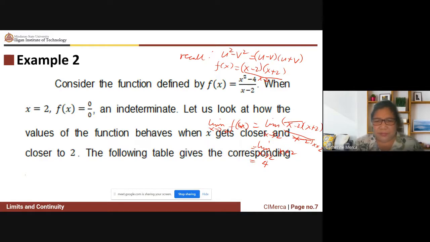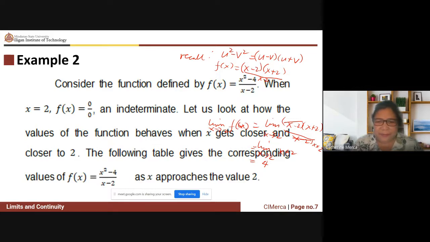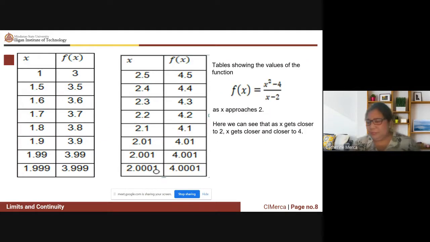So, how does it look making use of the table? Again, take a look at the table. Here, when you say simply approach the value 2, then if we have a value from x equal to 1, let's draw it here.